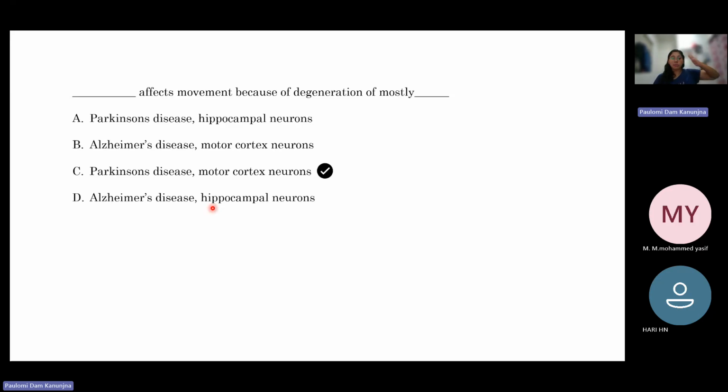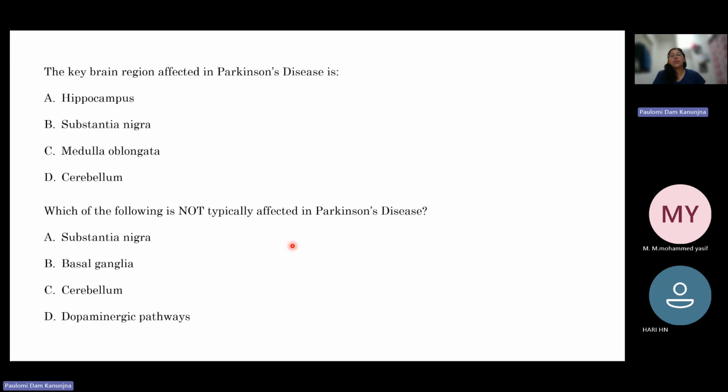Alzheimer's is dementia, is memory. So whenever you have movement, it's Parkinson's. And because we are talking about movement, we are talking about motor cortex neurons. So motor is the key term for Parkinson's.